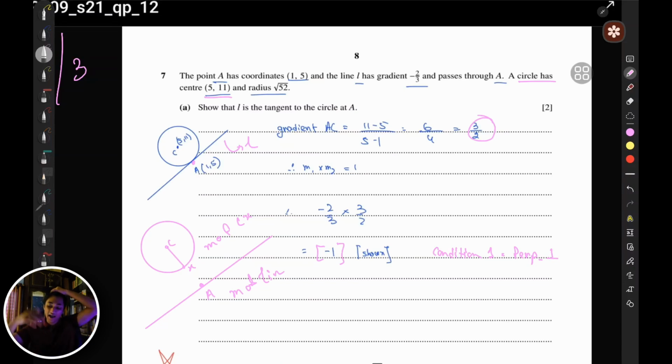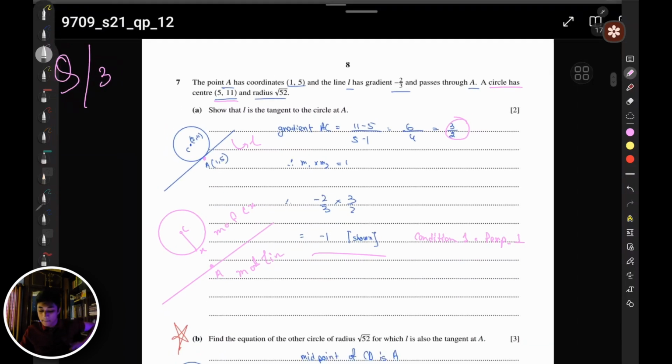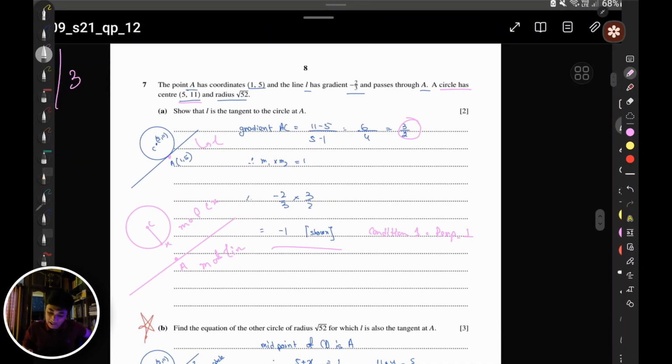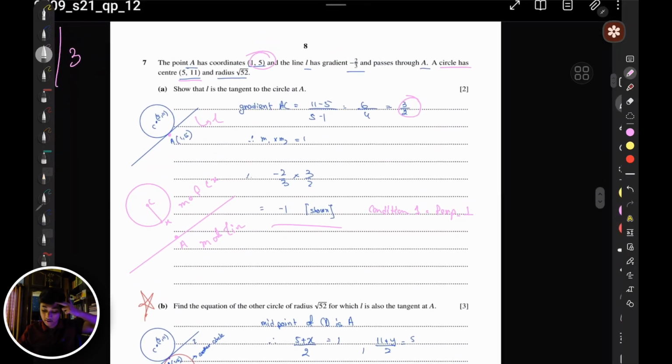If I was in your place, I wouldn't leave my answer just at this, although most likely in the mark scheme they just wanted to see this. But to prove that it is indeed a tangent and is touching the surface of the circle, I would plug in the coordinates of A, which is (1, 5), into the circle equation.